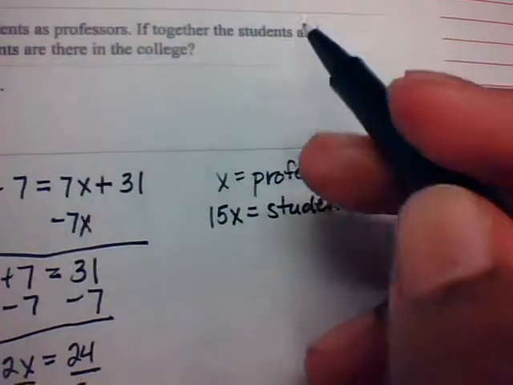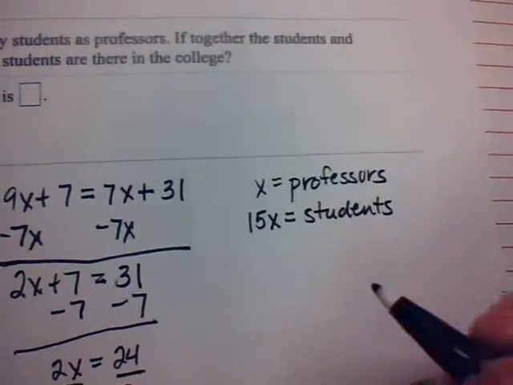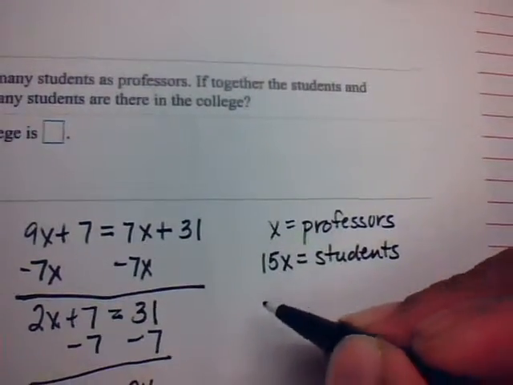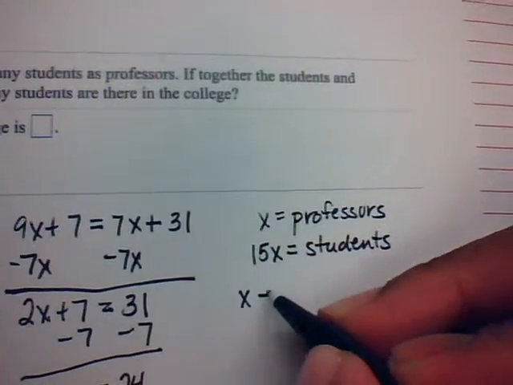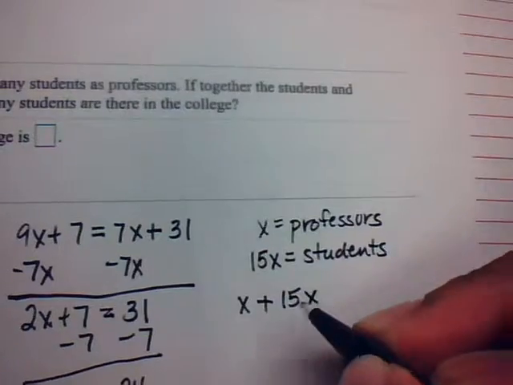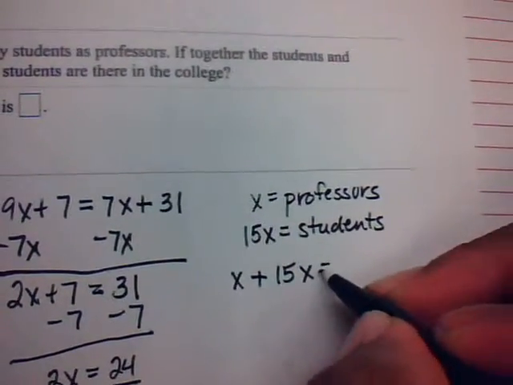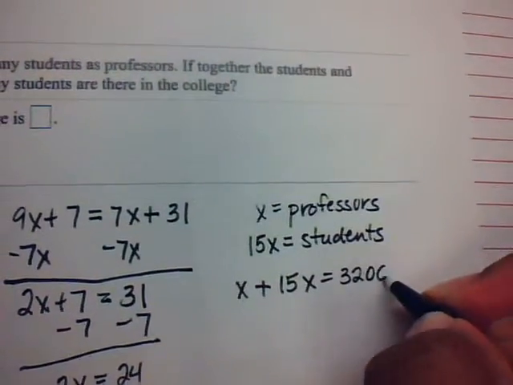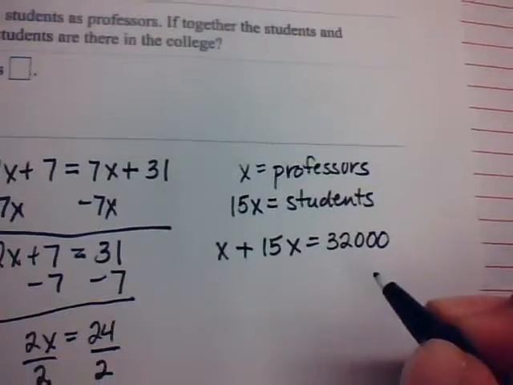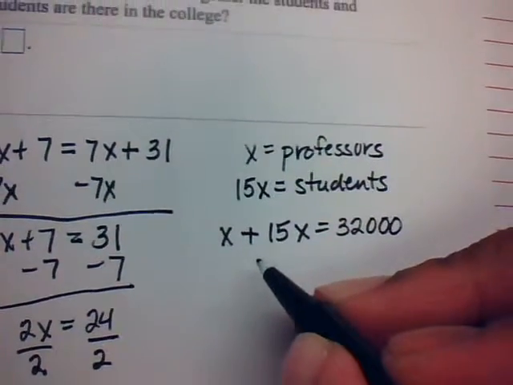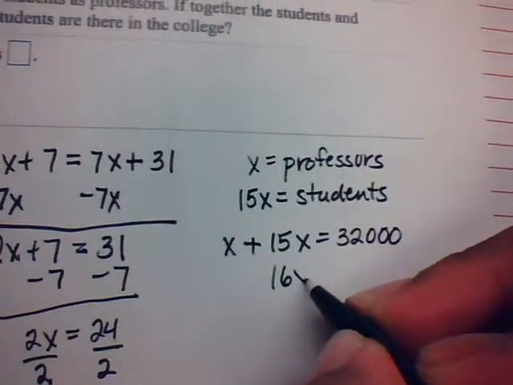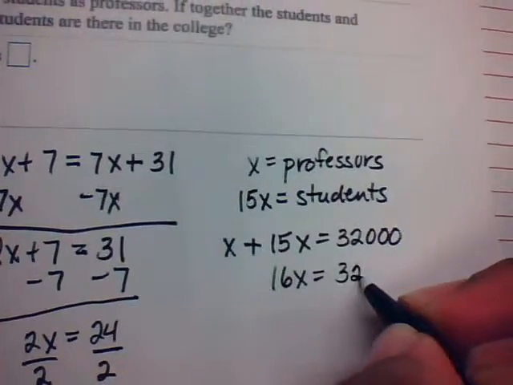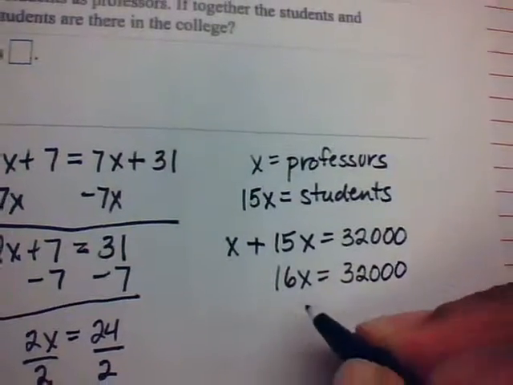And together, the students and the professors number 32,000. So the sum of these two, the number of professors plus the number of students, that's x plus 15x, equal 32,000. So here, x plus 15x, that's 16x, equal 32,000.